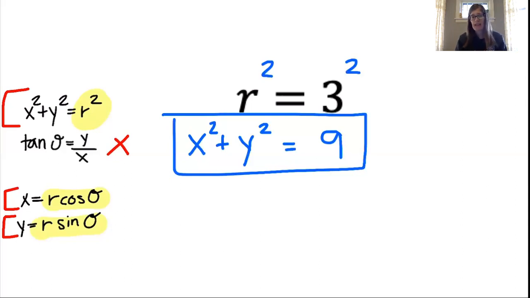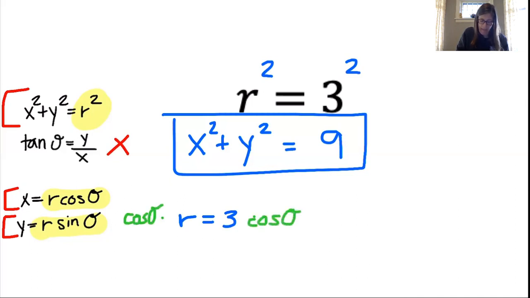You may have been looking at some of the other highlights, like maybe you were thinking, I had r equals 3, and I was going to multiply both sides by cosine theta. So if I decided to multiply by cosine theta, then I could change this piece right here into x. But on the other side, I don't have a substitution for cosine theta.